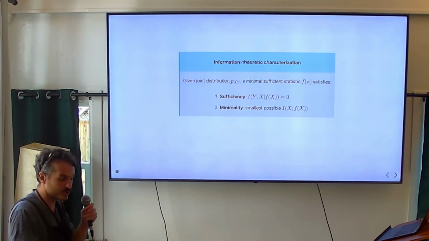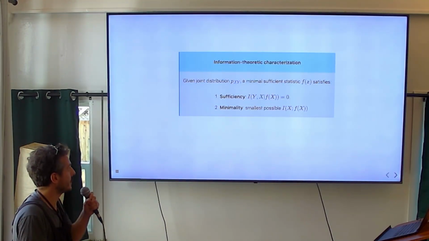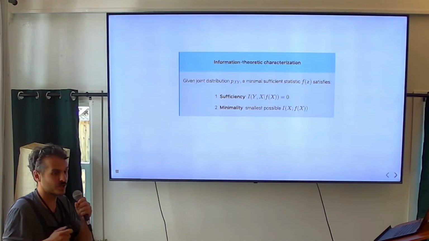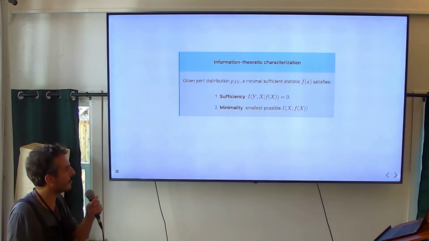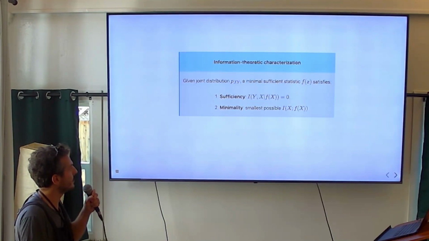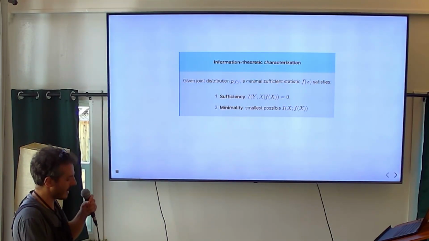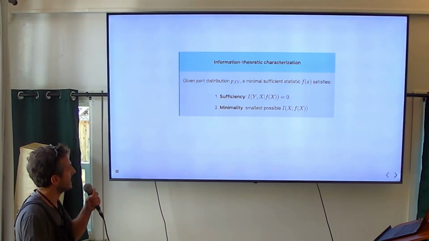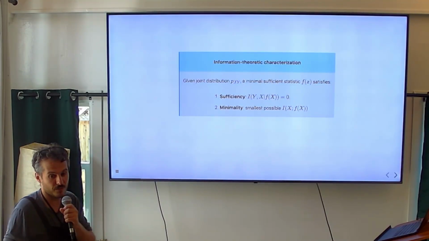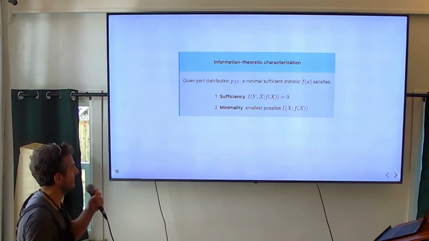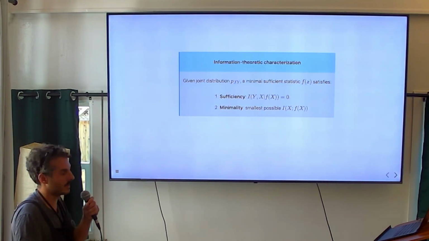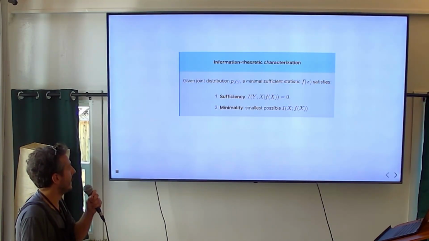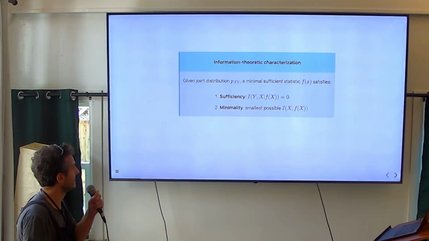We can also think about this in information-theoretic terms. Here we need to think about a distribution over X, whereas before we just thought of the channel. But let's say we have a distribution over inputs and outputs. We can write sufficiency and minimality in this information-theoretic way, which is saying basically that the conditional mutual information between X and Y, conditioned on the minimal sufficient statistic, vanishes, which means they're conditionally independent given F. And F has the smallest mutual information of any such function that satisfies sufficiency.